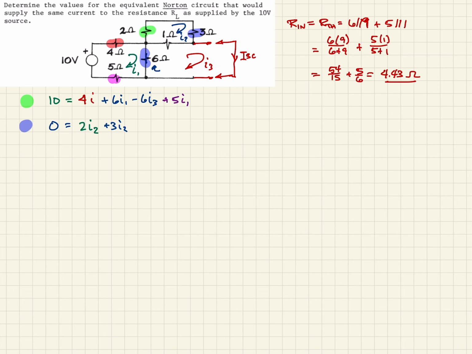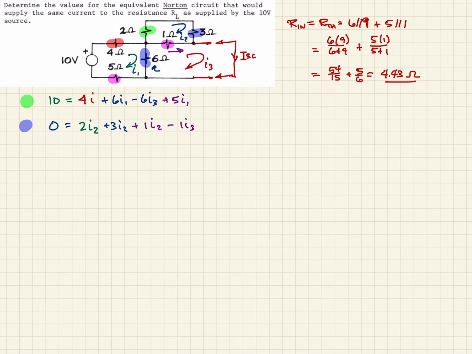And then finally, we will have this 1 ohm resistor. And so that'll be plus 1 times I2. But then we also have this I3. It's going to be coming back around the loop that way. So it'll be minus 1 I3. And again, that's all equal to 0, and that's all the components there.